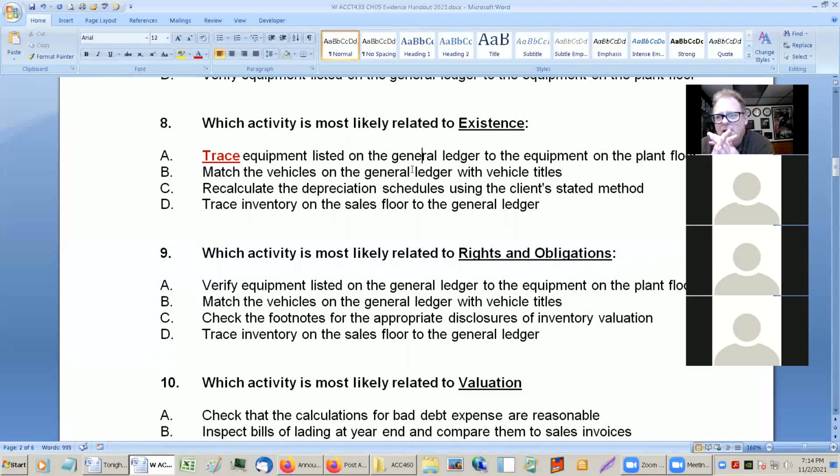So especially in auditing, you go through the older equipment and trace that to the floor, because that's more likely the stuff they have on the books that really isn't there anymore. Newer equipment, you still look at, but there are all kinds of documents that go with those, like receiving reports and invoices, whereas disposing of something, a lot of times there isn't. So yeah, it's B.